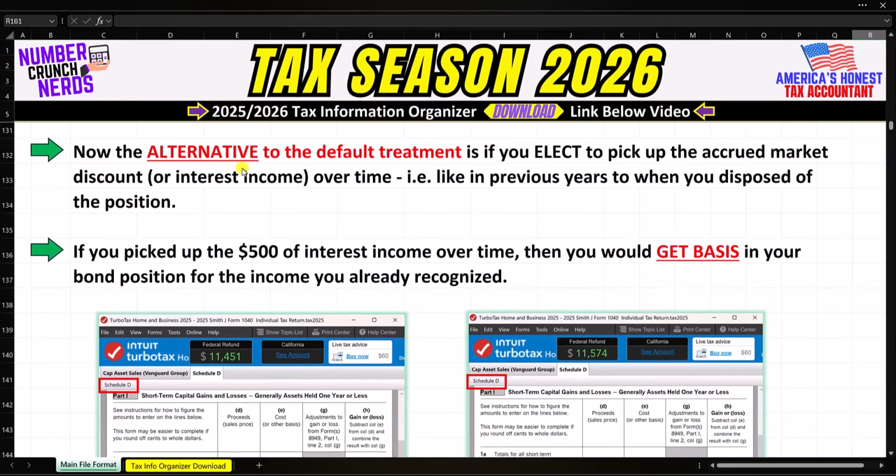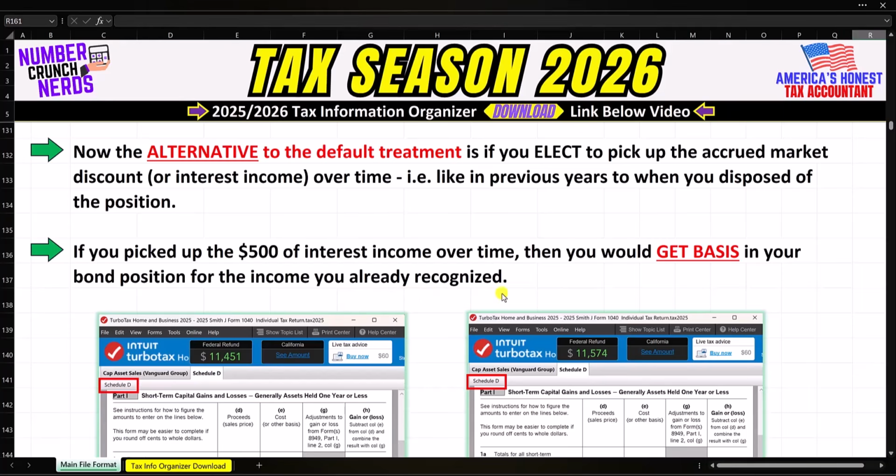Now, the alternative to the default treatment is if you elect to pick up the accrued market discount, or interest income is really what it is, over time, in other words, in the previous years to when you disposed of the position. If you picked up the $500 of interest income over time, then you would get basis in your bond position for the income that you already recognized.